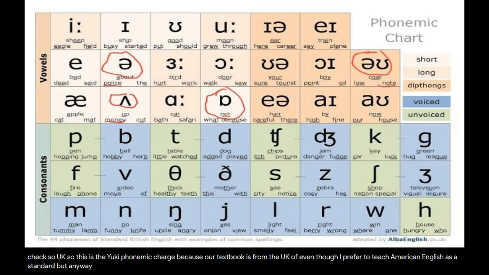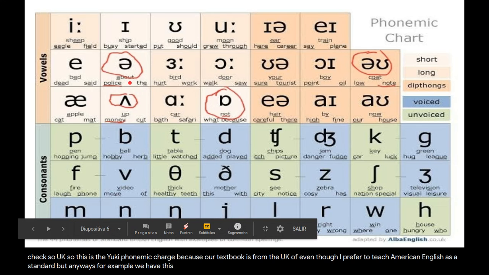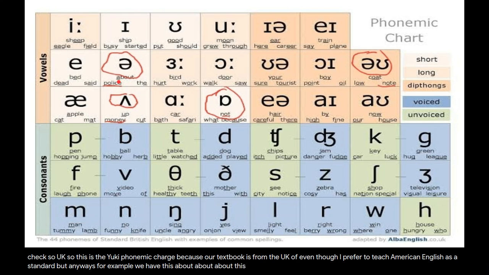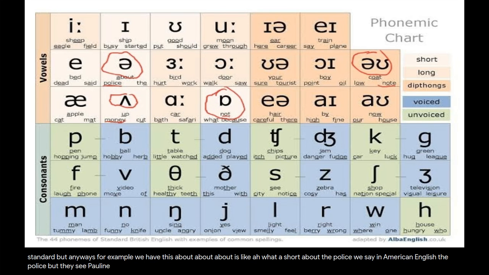For example, we have this sound in about. Check this one, short, about the police. We say in American English the police, but they say police. Call the police. So we have police or police in American, right?